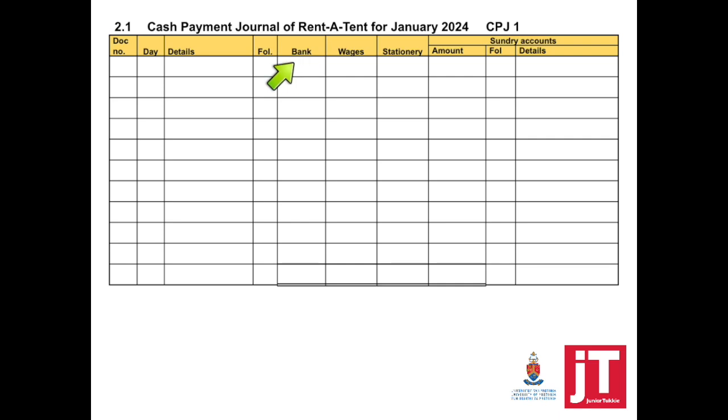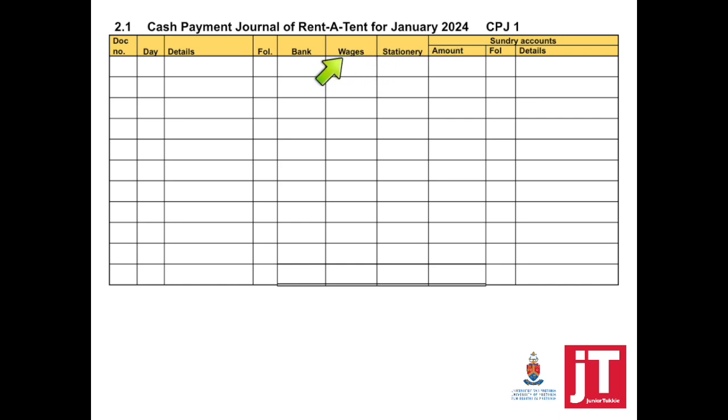Now we've got our money columns. When we look at a cash payment journal, it means that money came off our bank account. So bank will always be involved. That's the first account. Bank will always be credited from the CPJ. But now we need to identify for what reason, and that's what we need to indicate in all the other money columns.